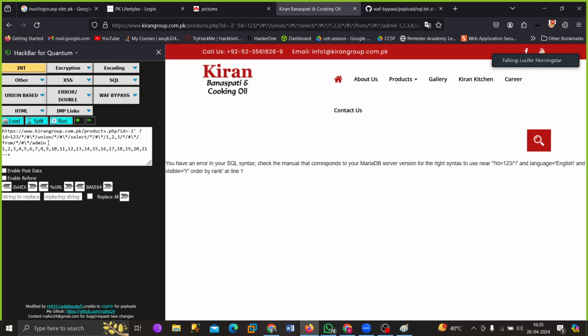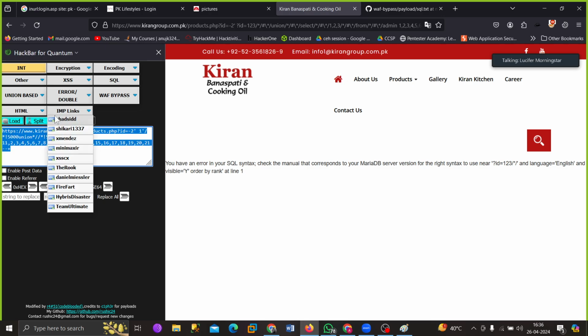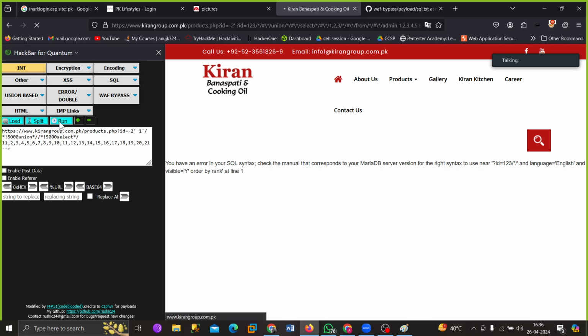I should have used this. We are almost close. Once we know that this payload is good for this, we can bypass. Holy shit.